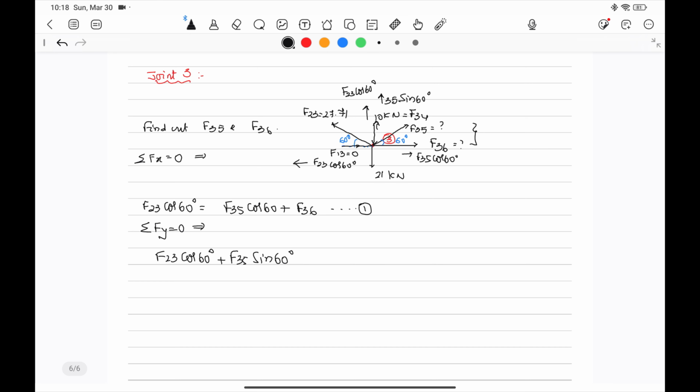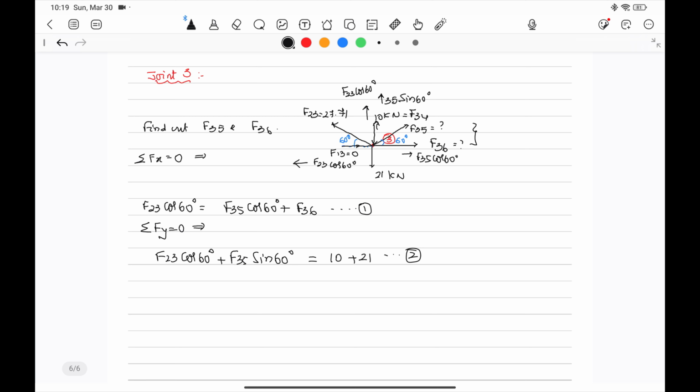These two are the upward forces, equal to downward forces, 10 kilonewtons plus 21 kilonewtons. These are the downward forces. This is equation 2. From these two equations, two unknowns, two equations, we can solve the problem.